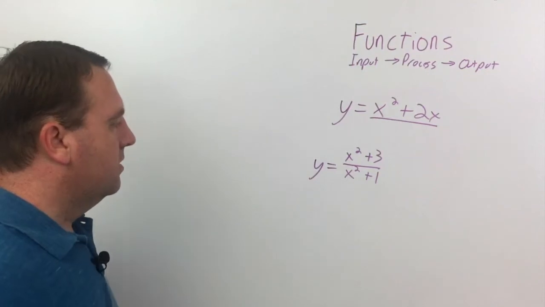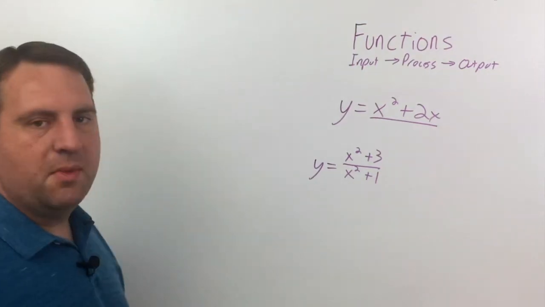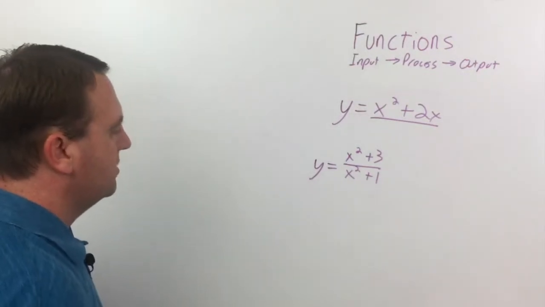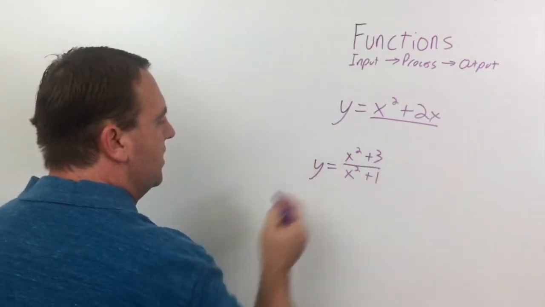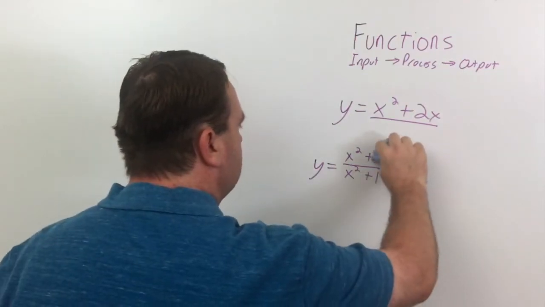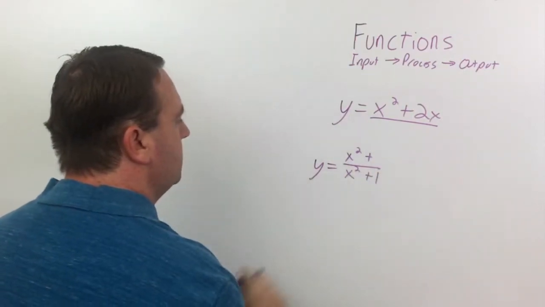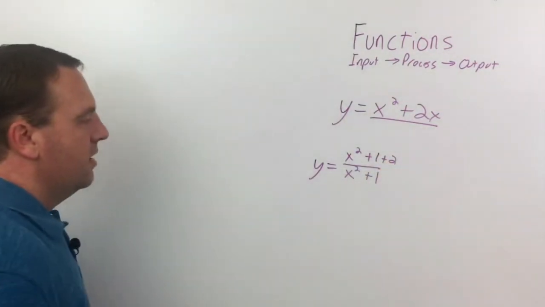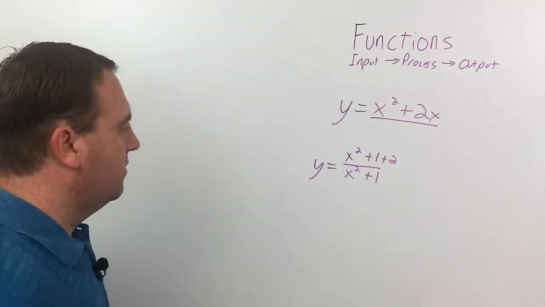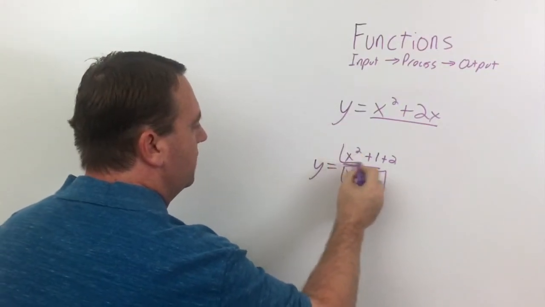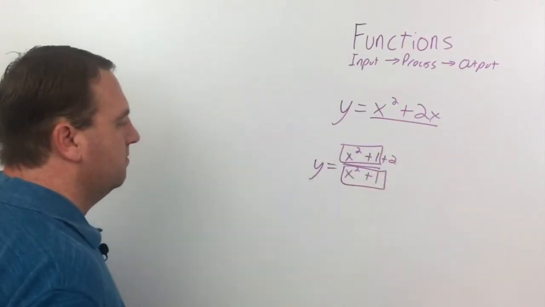Now, what I might want to do is simplify this. One way to simplify it is to notice that x squared plus 3, I can separate that 3 out into x squared plus 1 plus 2. And if I do that, then I notice that I have similar things on the top and the bottom.